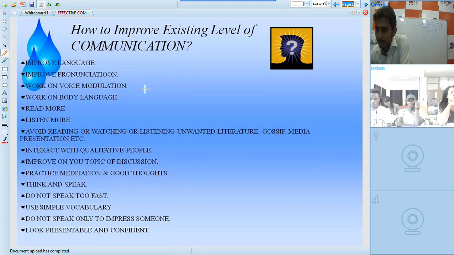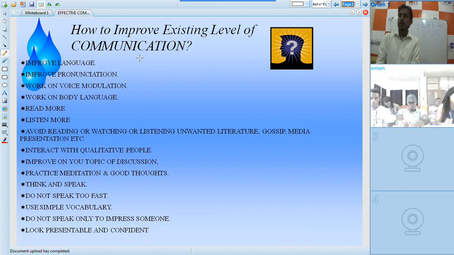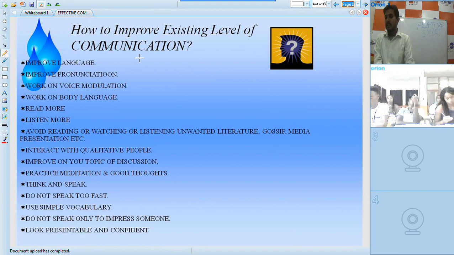You need to improve your communication by improving your language, improving your pronunciation, working on voice modulation, working on body language, reading more, listening more, avoiding reading, watching or listening to unwanted literature, gossip, media presentations, interacting with qualitative people, improving your topics of discussion, practicing meditation and good thoughts, thinking before you speak, not speaking too fast, using simple vocabulary, not speaking only to impress someone, and looking presentable and confident.